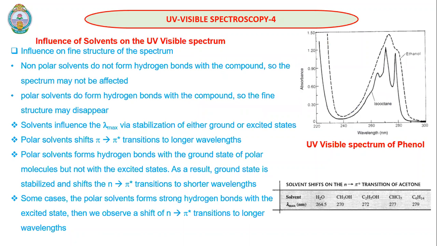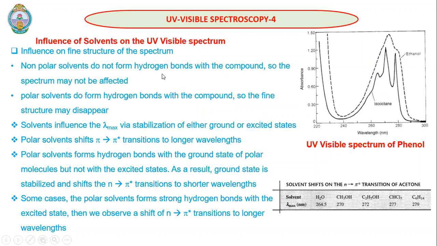Now, how do these solvents influence the spectrum? Solvents sometimes influence the fine structure of the spectrum. If you can visualize the individual peaks, this is a fine structure. If we cannot visualize them, as shown in the dotted line, then it is not a fine structure.